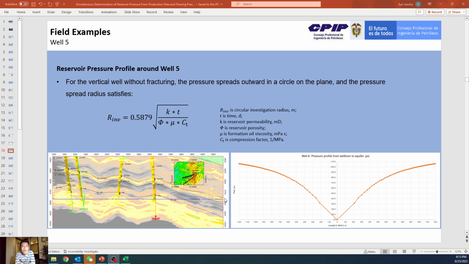We know the pressure in the aquifer, the time it takes, and the final pressure of the build-up. We can generate the pressure profile between well 5 and the aquifer. From this pressure profile, we can see the closer to the wellbore, the larger the delta pressure.